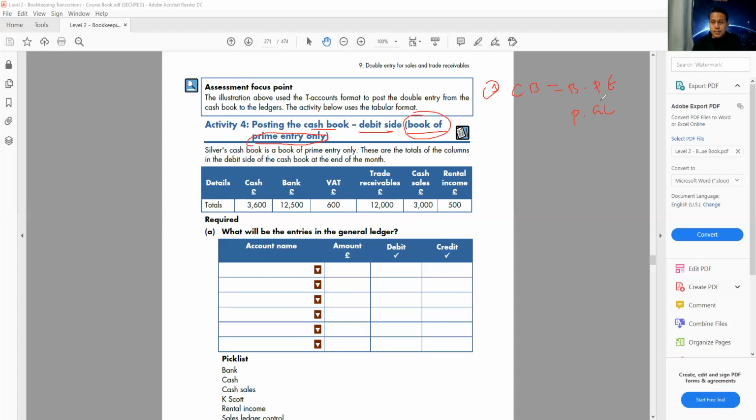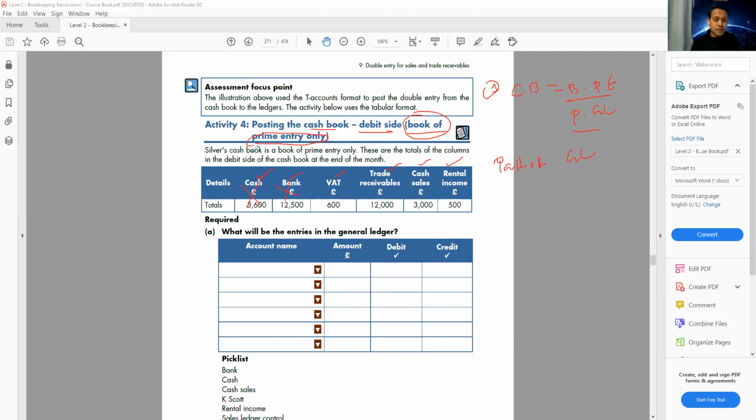If this is a book of prime entry, that means we never write it down anywhere else, so we take every single entry we have. Remember that. And if the question says it is part of the general ledger, part of GL, please ignore the cash and bank, because they're already taken when you record in the book of prime entry. When I say part of the general ledger, that means it's already recorded.